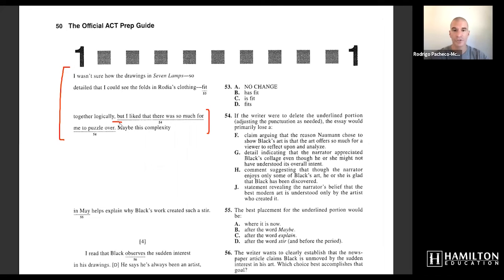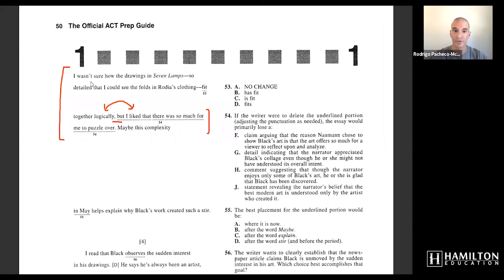So this conjunction is important to note because this suggests a contrast between these two ideas. So what is the author saying in this first part? I wasn't sure how the drawings fit together logically. In other words, I didn't really understand it all.